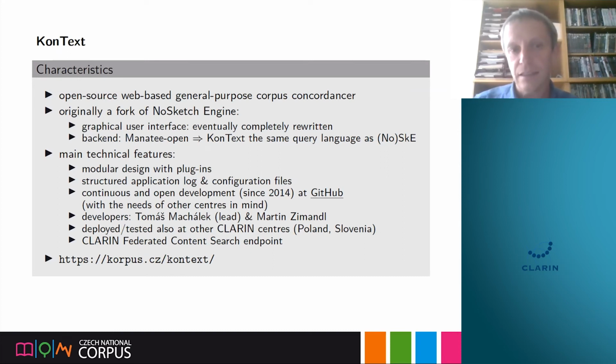KonText is deployed and tested not only at the Czech National Corpus but also at other CLARIN centers, most notably at Lindat in Prague, but also in Poland and Slovenia.